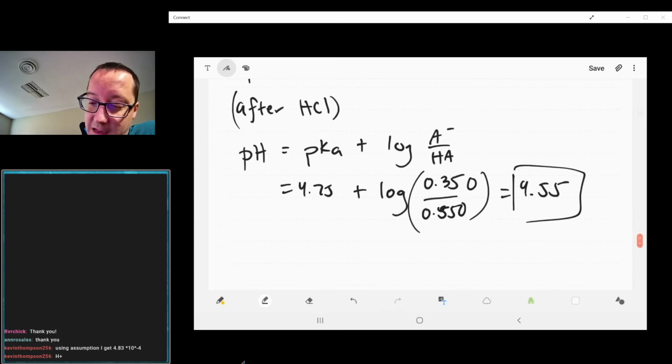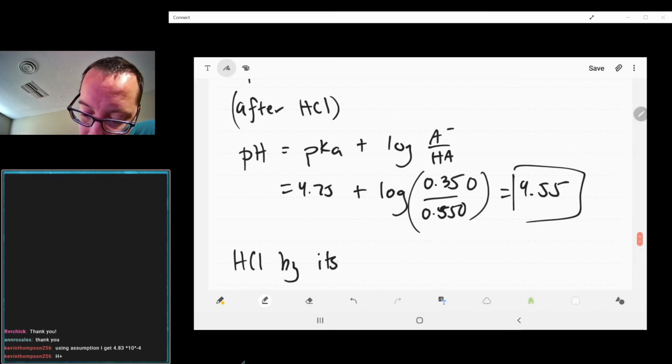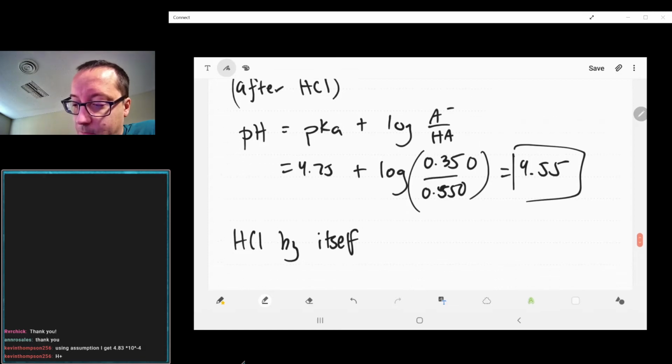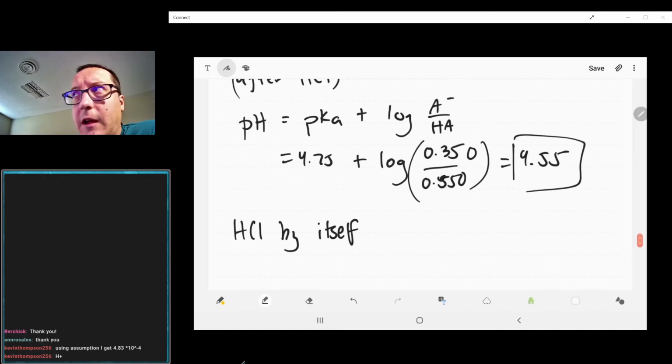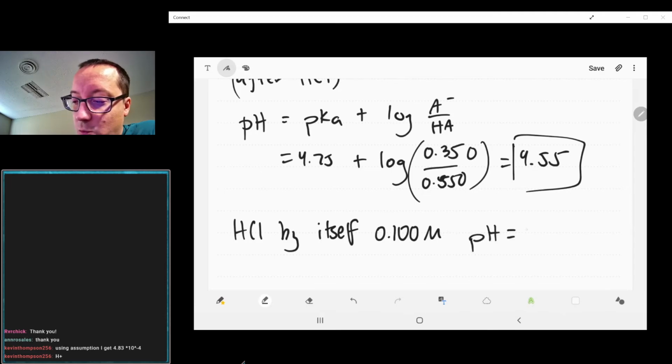The HCl by itself was what, 1 molar, I think? Or whatever, 0.1 molar. The pH for that would be 1, right? Or if it was 1 molar, I forget what it is, the pH would be 0. Regardless, the HCl's pH would be much, much lower, right?